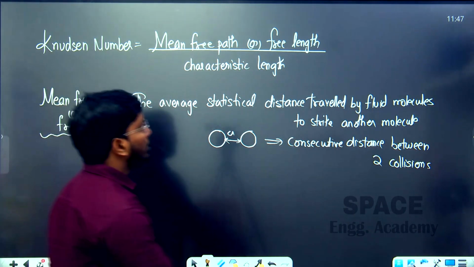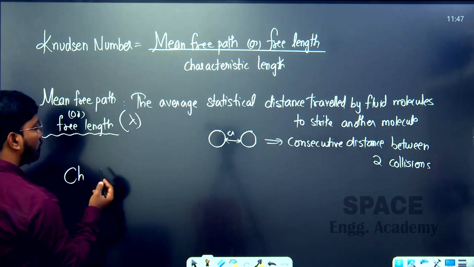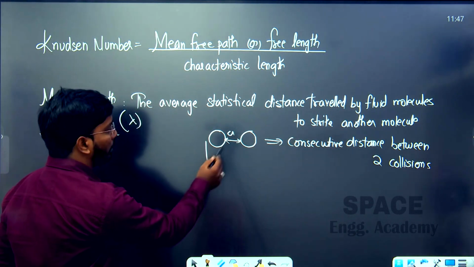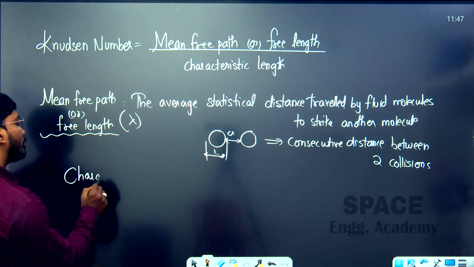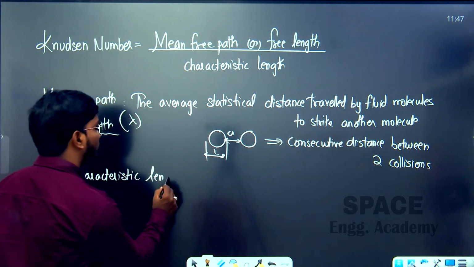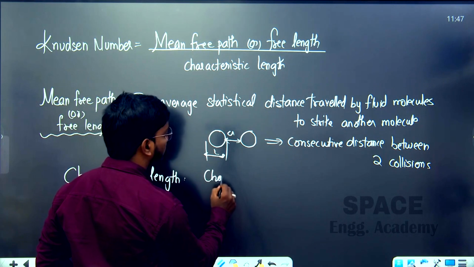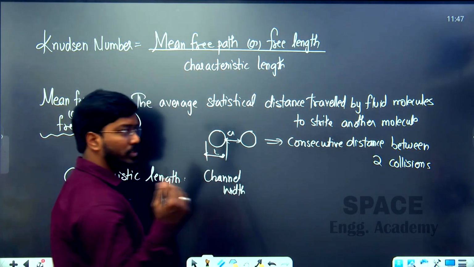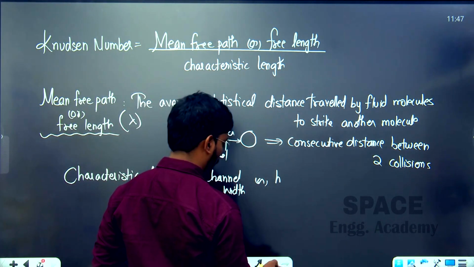Characteristic length. Characteristic length is a physical dimension; you can say channel width or hydraulic diameter can be regarded as this characteristic length. What is the meaning of characteristic length? It can be regarded as channel width, usually when we talk about channels, but here we are talking about the diameter, the hydraulic diameter.